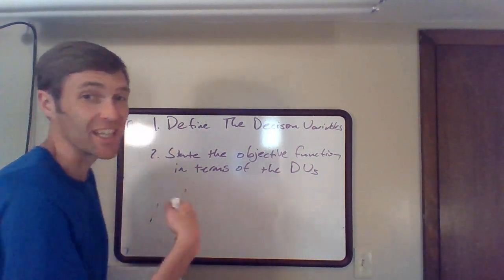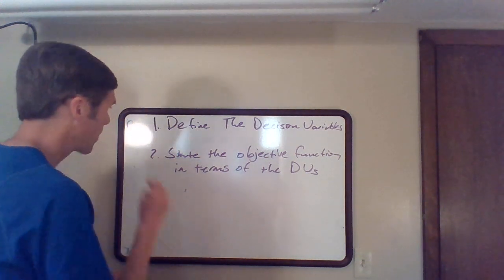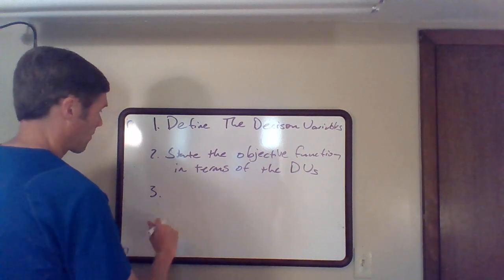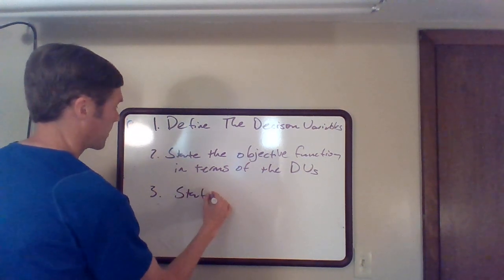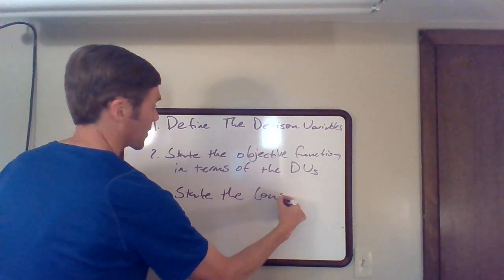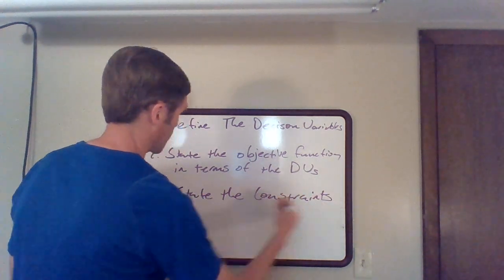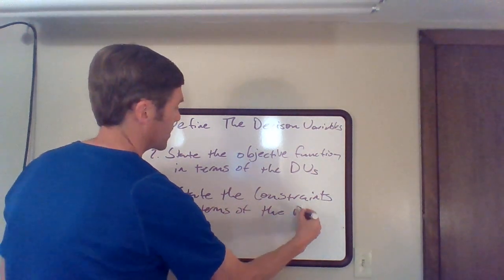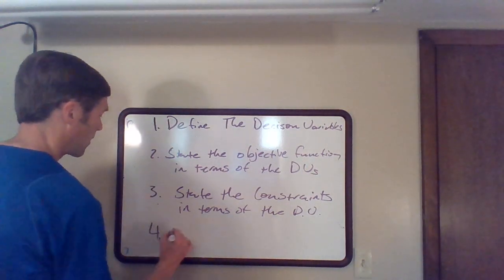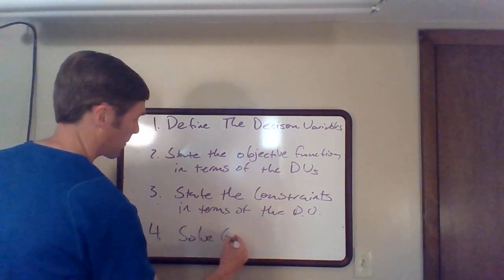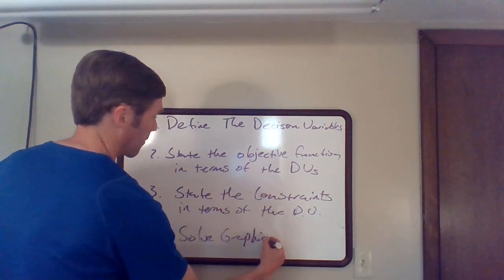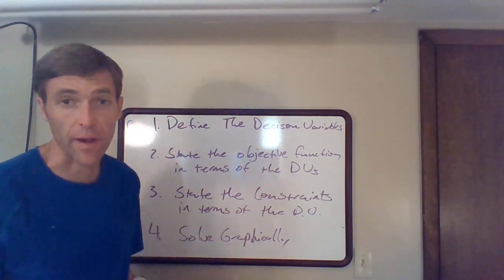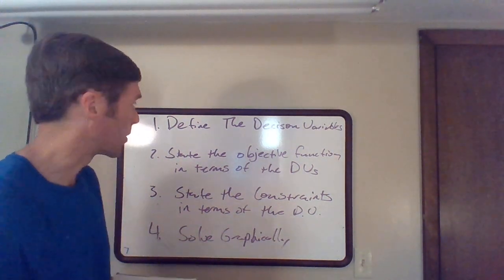So we are now going to linearize the objective function. Number 3, state the constraints in terms of the decision variables. And number 4, solve graphically, which has some sub-steps, but as you can see, we've run out of board. So we'll talk about number 4 when we get there.